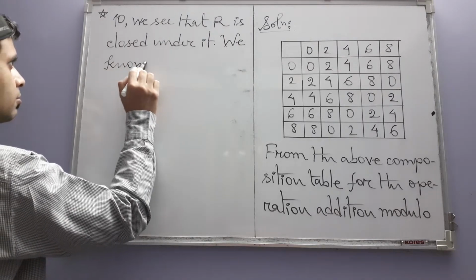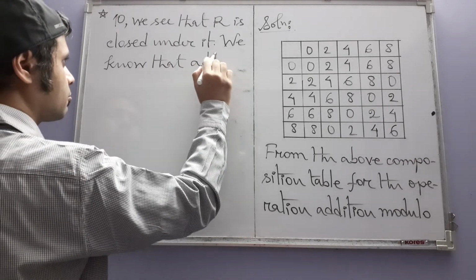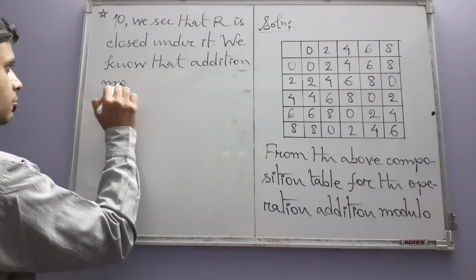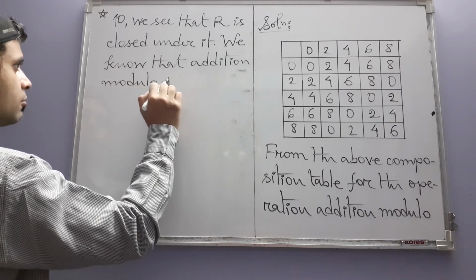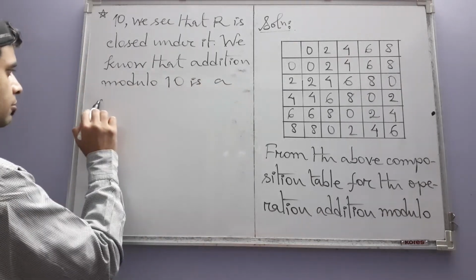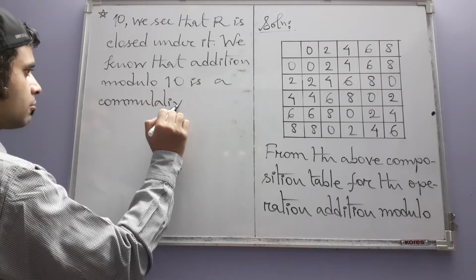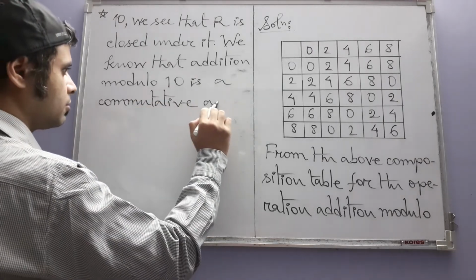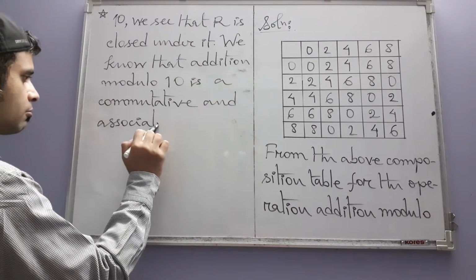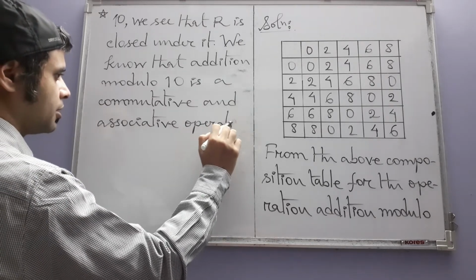Also, we know that addition modulo 10 is a commutative and associative operation.